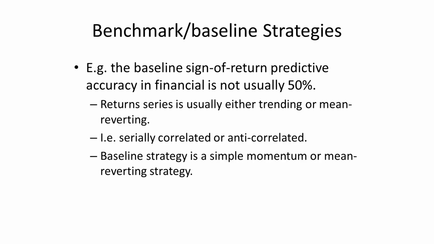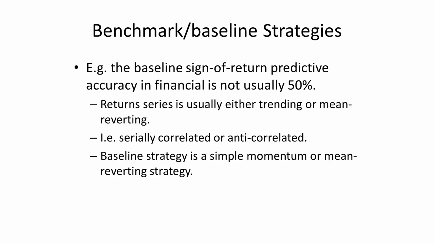The second step, as I said, is to create a benchmark and baseline strategy. Now, a lot of people who are from outside the financial field, but who are in machine learning or data science, and are familiar with data science in other fields, would come to finance and say, okay, you want to predict the sign of return, right? So what's the benchmark?